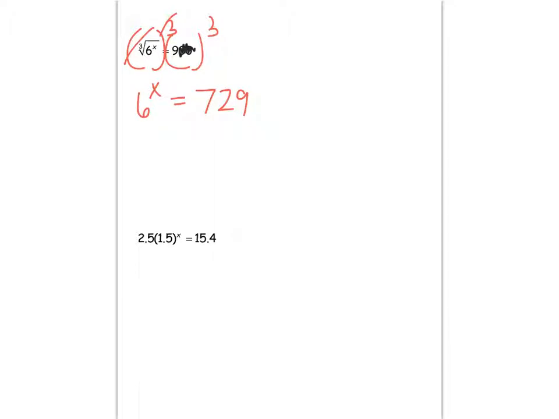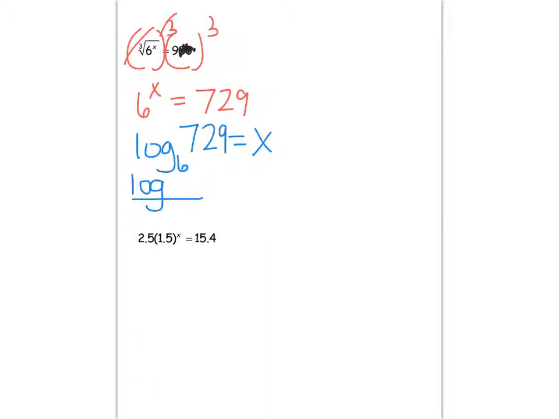Okay, so now the base and the exponent are alone. So my next step is to change to a log. The base of 6 moves to the bottom. Logs equal exponents, so I send the exponent to the other side. And I'll be taking the log of 729. Log base 6 is not done with the calculator button. Remember, only log 10 is, so I need that change of base fraction.